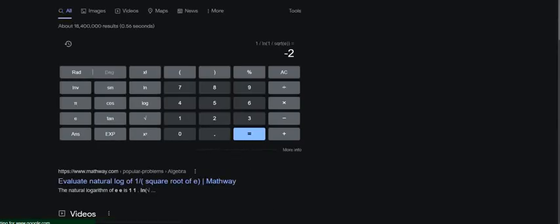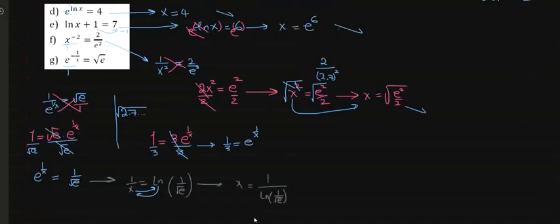What's the value? Oh, it's negative 2. Only negative 2? It's only negative 2. That's the value of x. Very good.